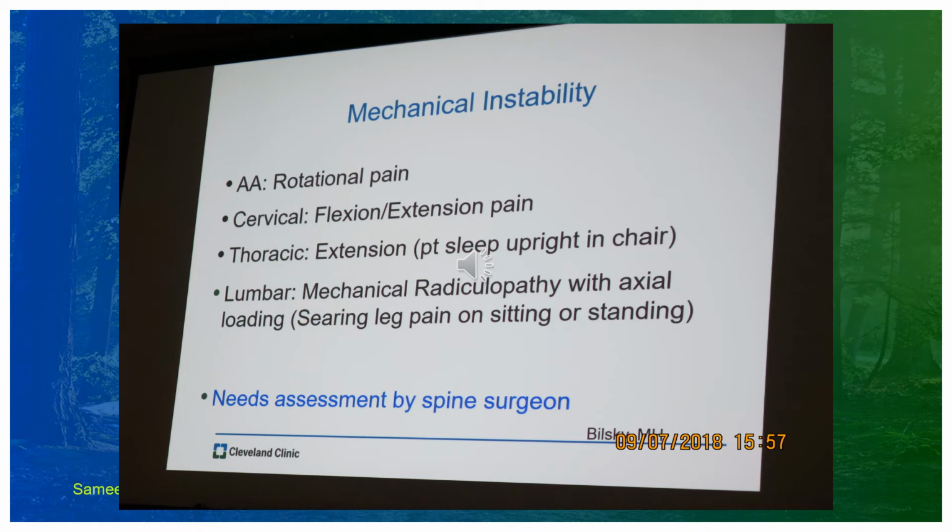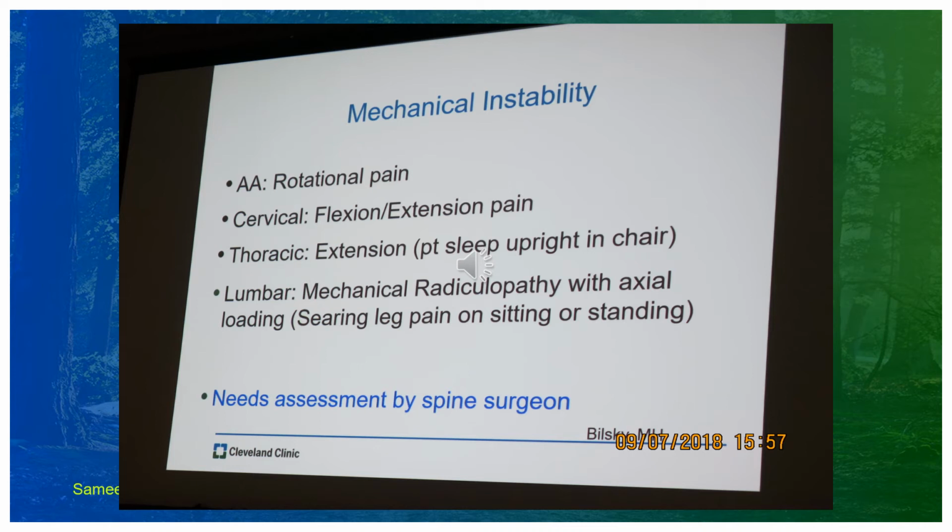In the previous slides, they are delineating, as we said, the pain with red flag signs, pain because of secondary tumor involvement of the spine. Pain may develop because of mechanical instability.